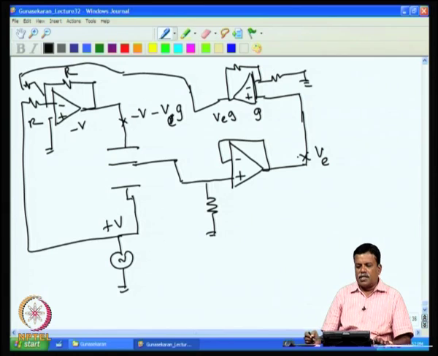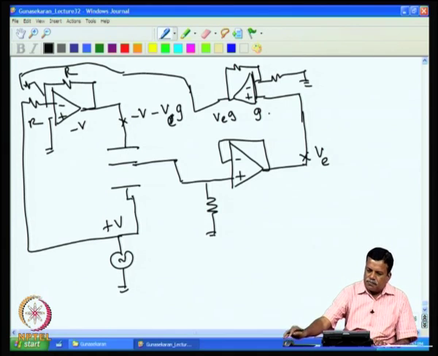So, by arranging this feedback network, one can make the circuit balance automatically, if the gain is more.